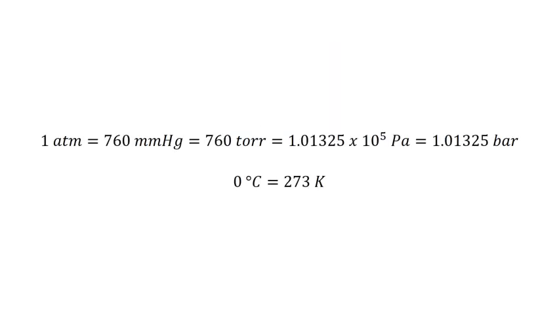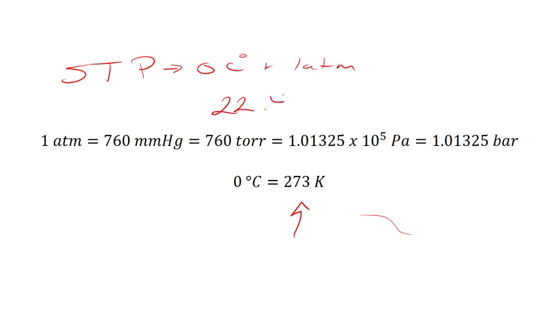And so here is a little chart that equates all of these together, including that 0 Celsius is 273 Kelvin, right? The other thing that I should have added on here, which is on your periodic table packet, is a constant: at standard temperature and pressure, which is 0 Celsius and 1 atmosphere, all ideal gases occupy 22.4 liters of space.